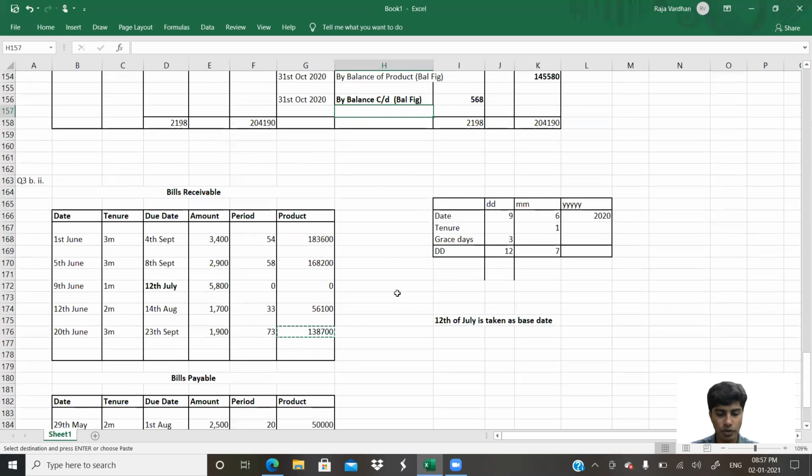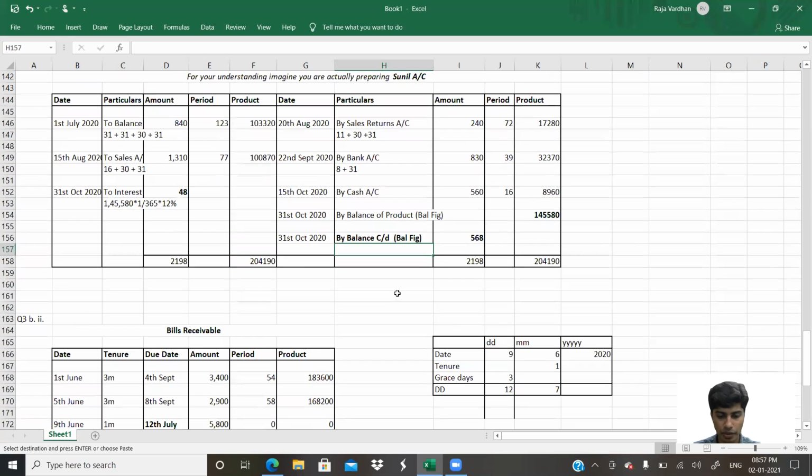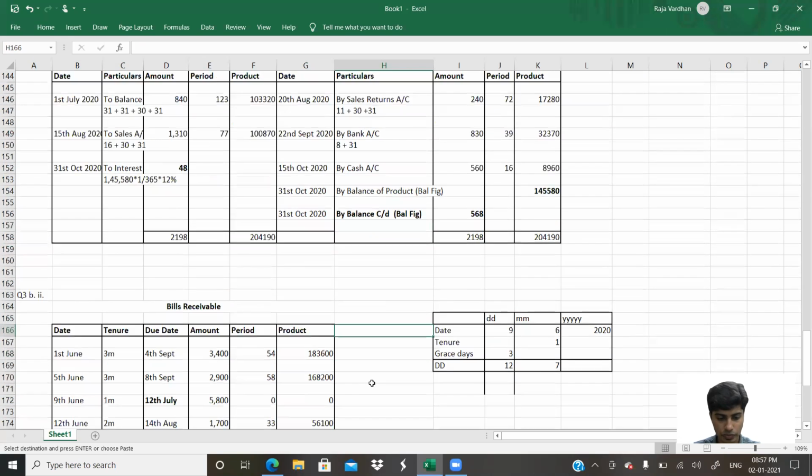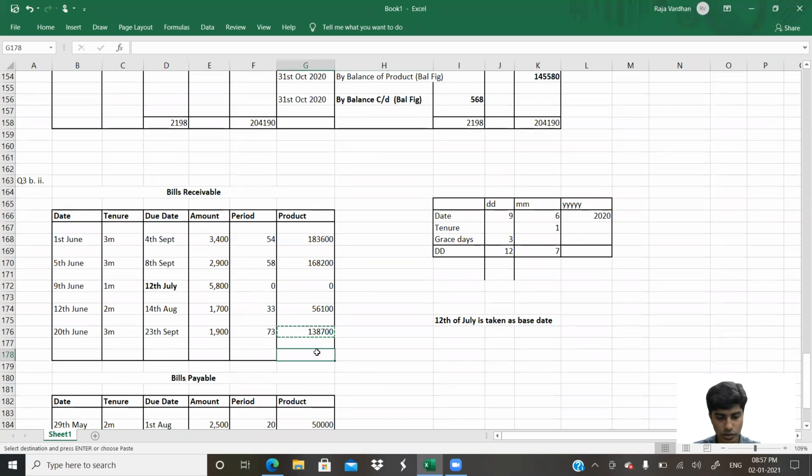So now all we have to do is find the total and then apply the formula. Total of the products is what I'm trying to find. I would want total of the amounts also.